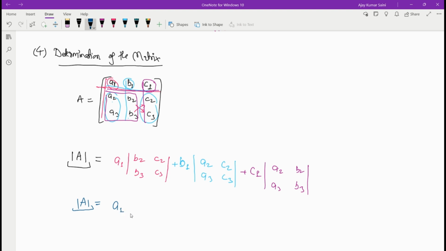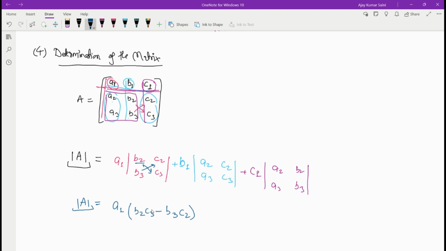So now I can take it as a1. Now see here, I multiply b2 into c3. When I multiply these two elements, after that I multiply these other two elements and subtract the multiplication of these two elements from this. I think you can understand this.